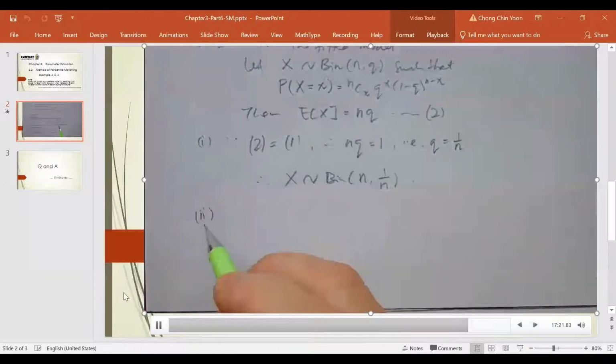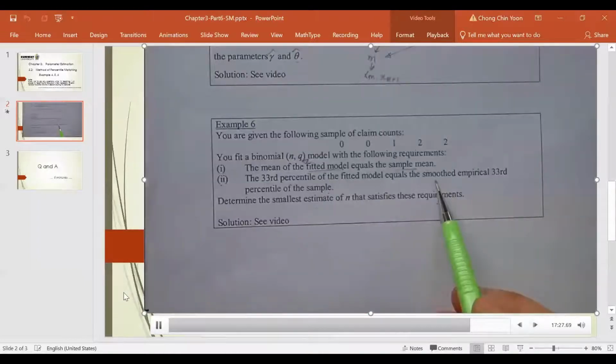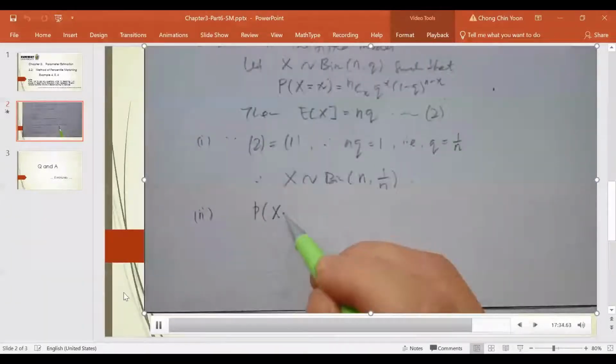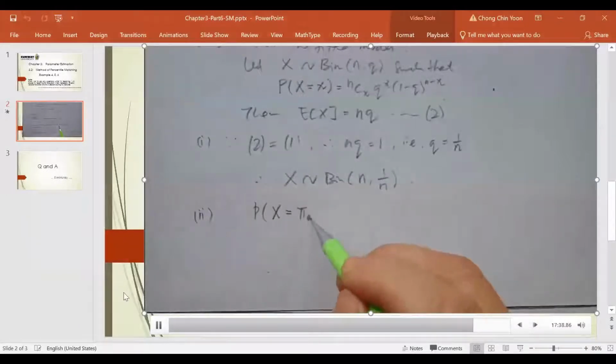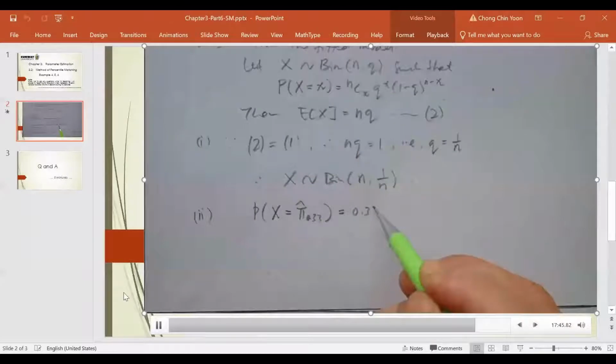Given that the 33rd percentile of the fitted model equals the smoothed empirical 33rd percentile of the sample, that is, the PMF for this random variable X at this estimate of the 33rd percentile equals the probability of 0.33.